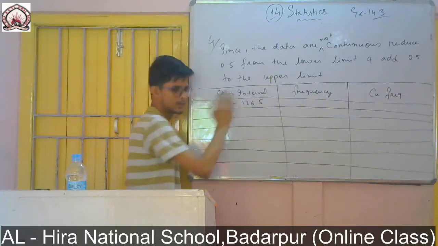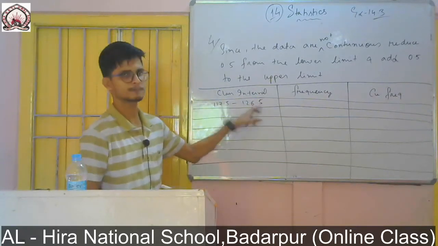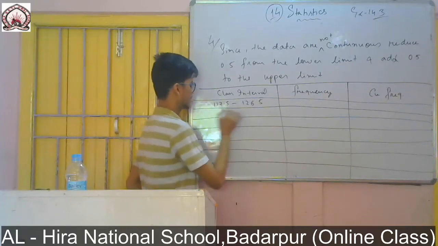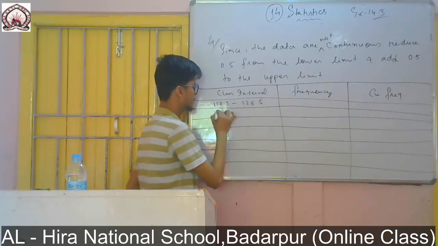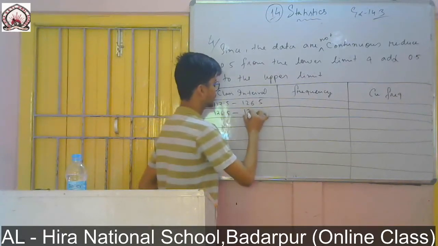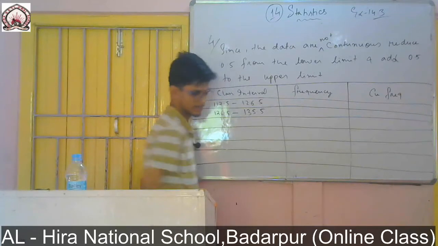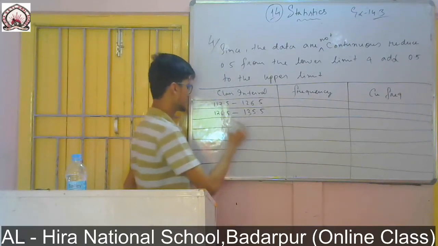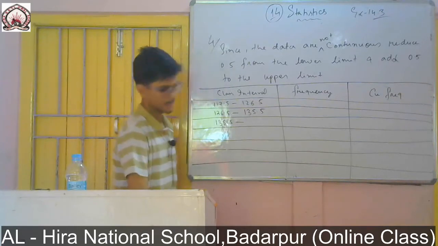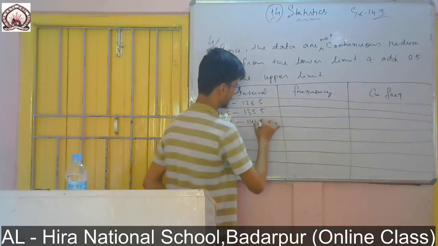From this one I reduce 0.5 and here I add 0.5, so it remains the same actually. Then this one 127, it will be 126.5 to 135.5. The next one 136, so it will be 135.5 to 144.5.